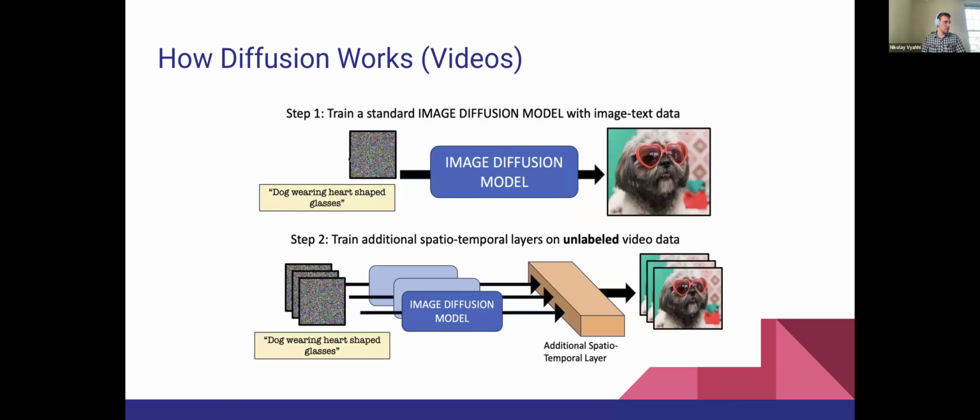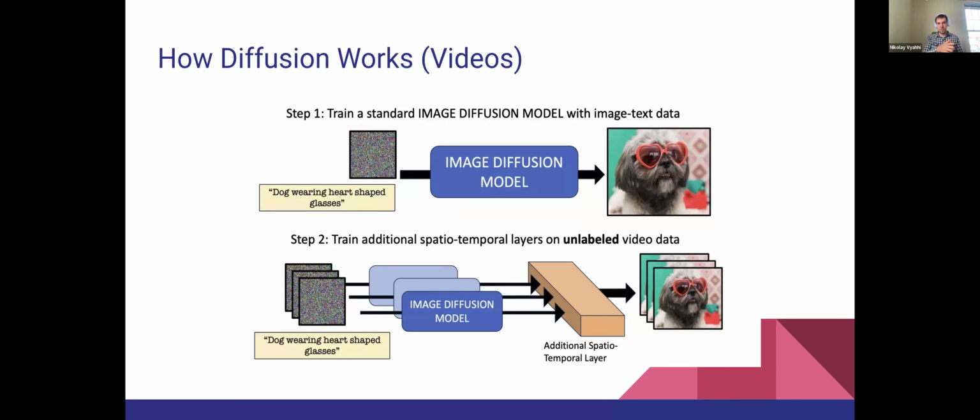Videos are similar. If image generation transforms noise into nice, realistic images, so they denoise the noise, video models do the same, but for every frame, and also they have some spatial temporal layer to add consistency between frames, because you cannot generate video by generating each frame independently.